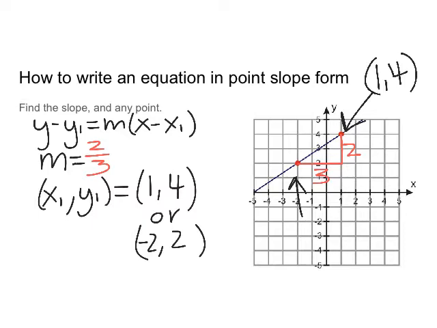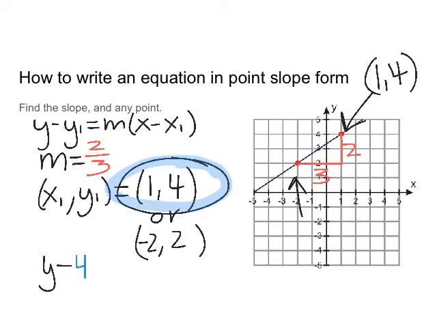So I'm going to say that y minus, and remember I'm picking this one right here, that's what I'm going to decide to use. So I'm going to do y minus, and then that 1 is my x, so my 4 is my y, so y minus 4 equals, and then my slope is 2/3 times x minus 1.